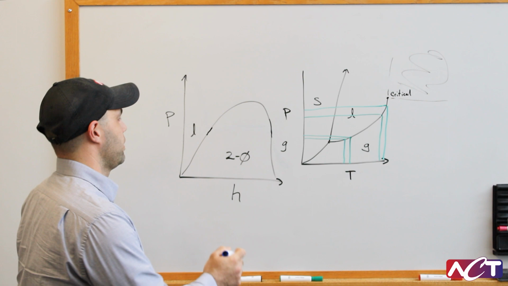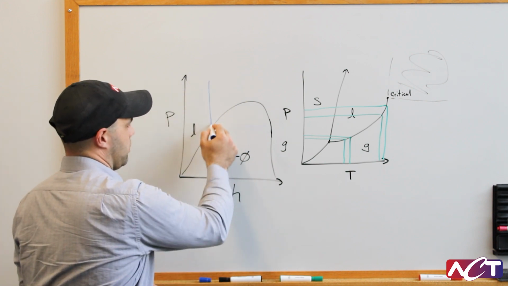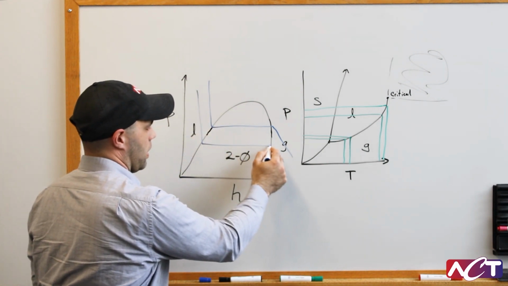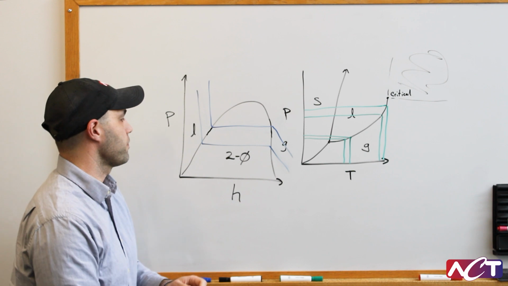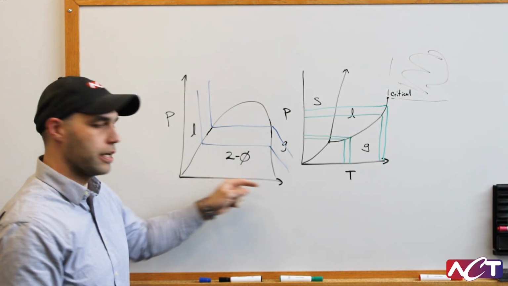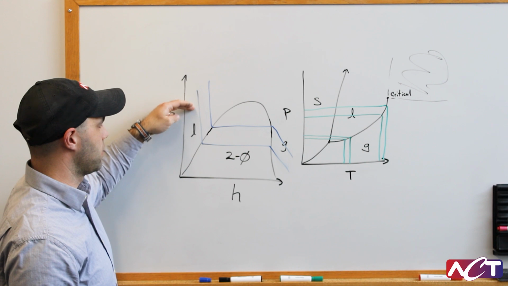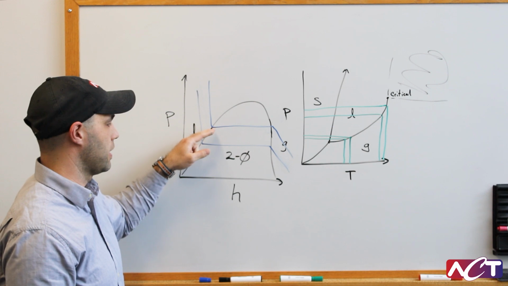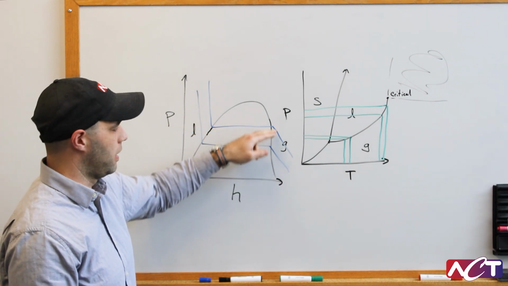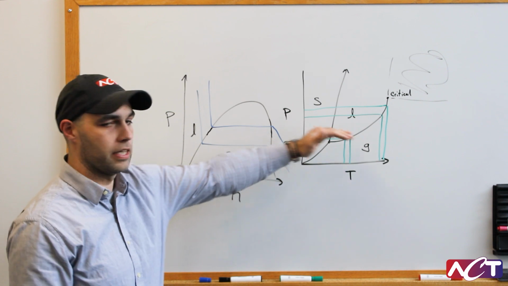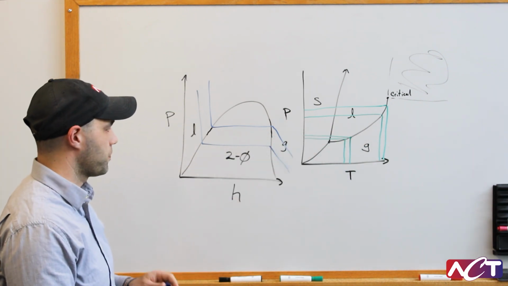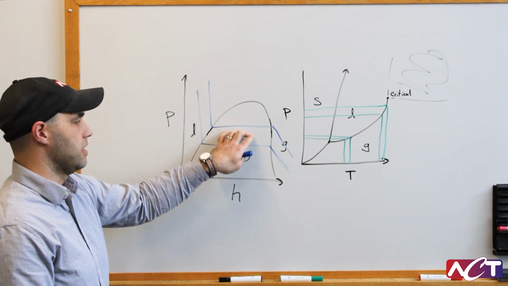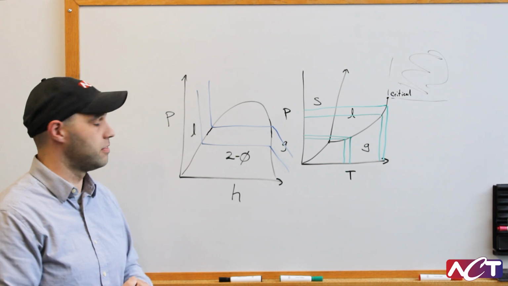On this plot, a line of constant temperature looks something like this, and you would have multiple lines of different temperatures. What this is showing is that as you're adding energy to a fluid, typically your temperature increases, except when you're in the two-phase region, where the temperature stays constant as you add energy. And then again, when you get out into the gas, as you're adding energy, the temperature continues to increase. This two-phase region where it is constant is what we're trying to take advantage of in pump two-phase.